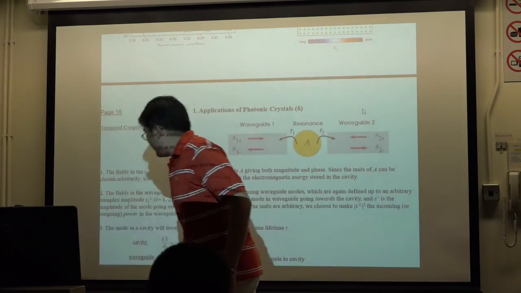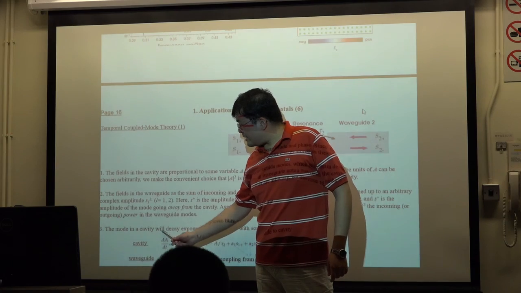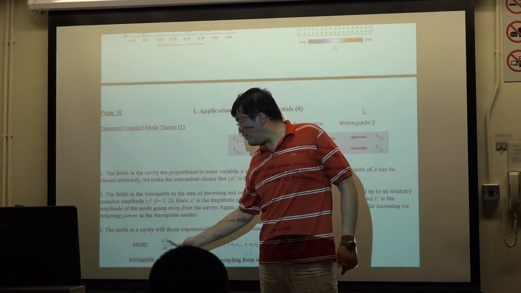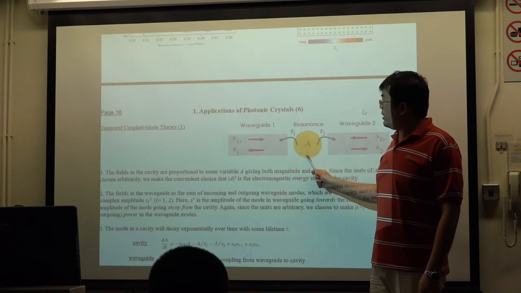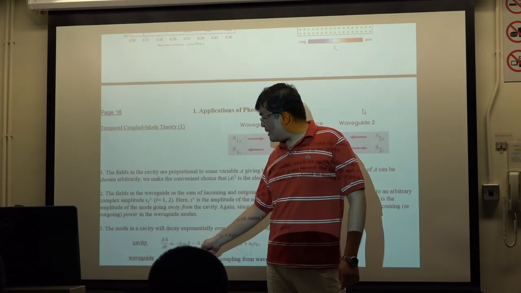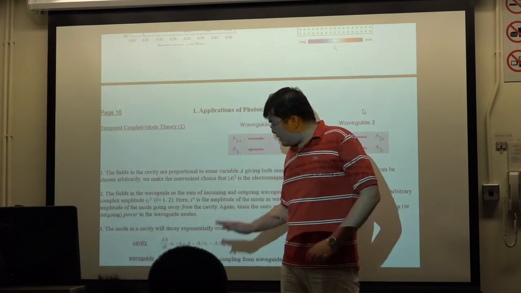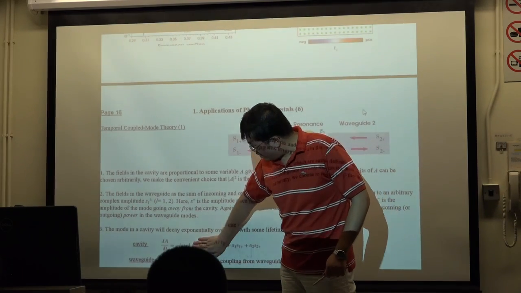How is this written? The dA over dt just means the change of the EM field over this cavity. The first term is minus i omega 0. First we ignore the following term.